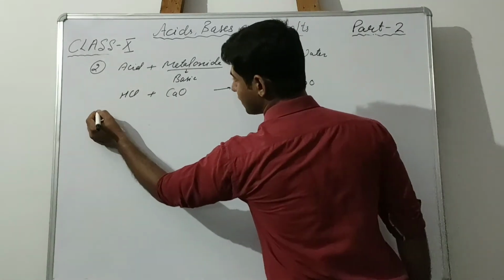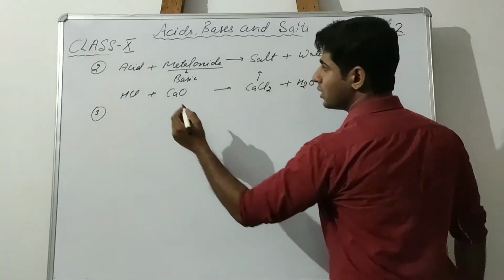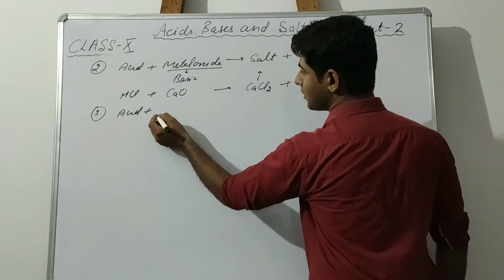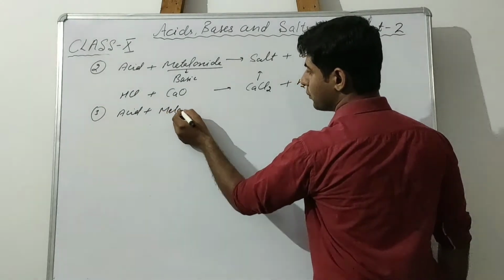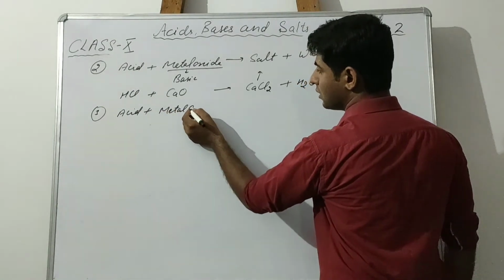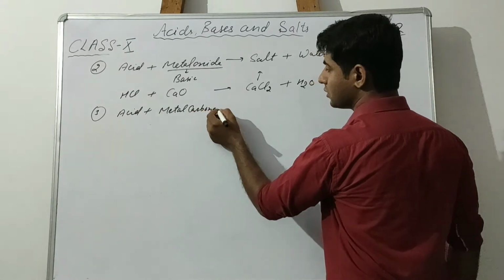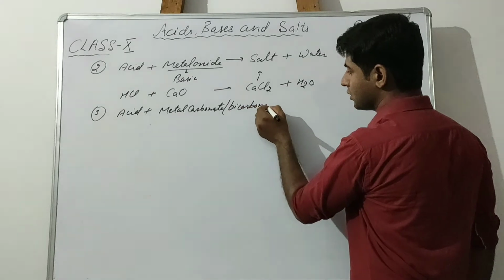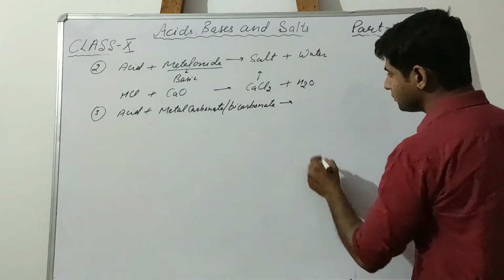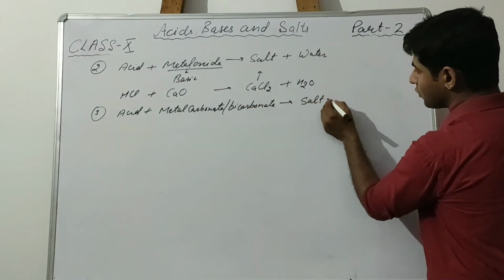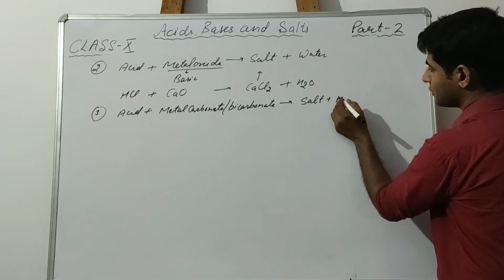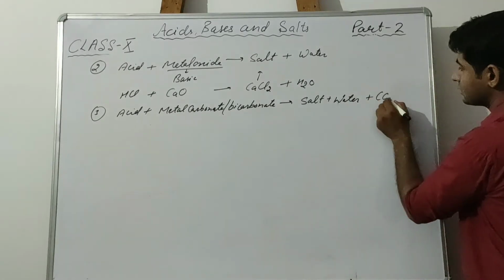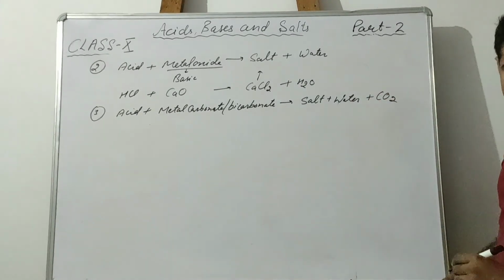So the next chemical property, acids react with metal carbonate or bicarbonate to form salt plus water plus carbon dioxide.